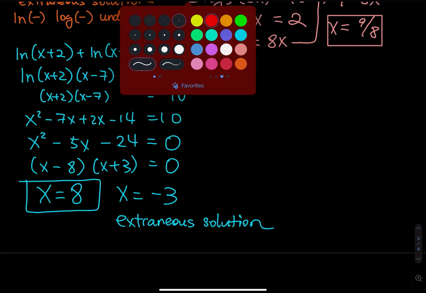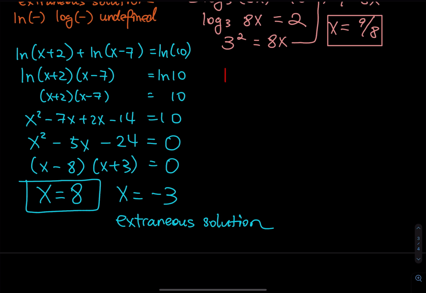So the last problem, how about this? Let's do an ln of the square root of x plus 3 equals 1. How's that? So this is a base e, and then you have e to the first power equals the square root of x plus 3.